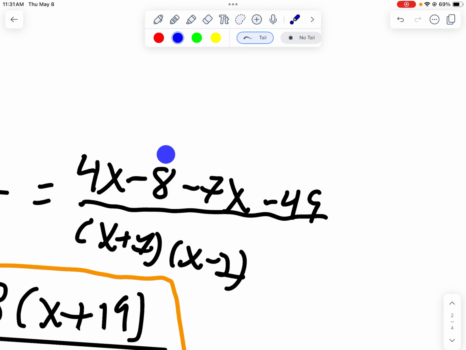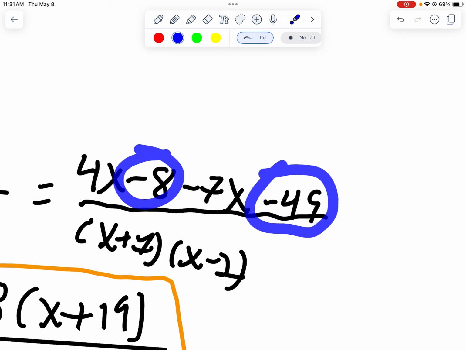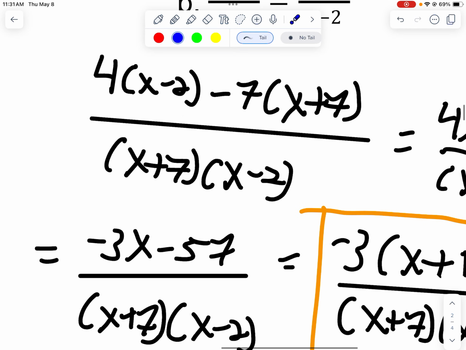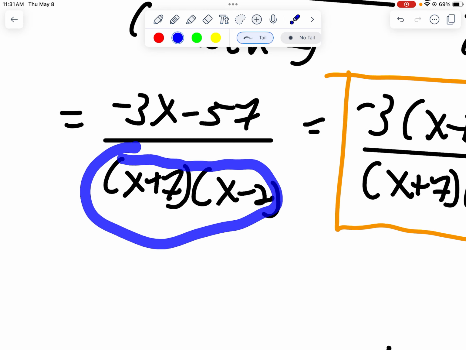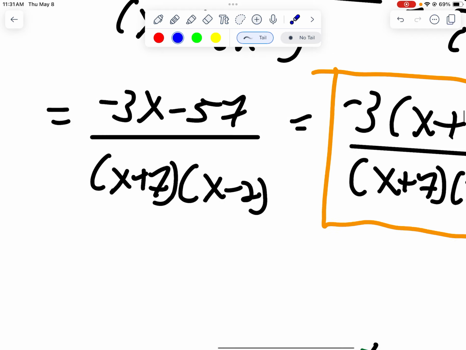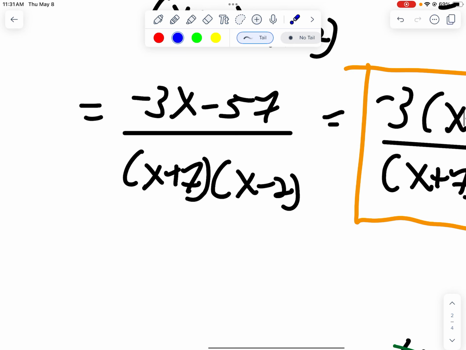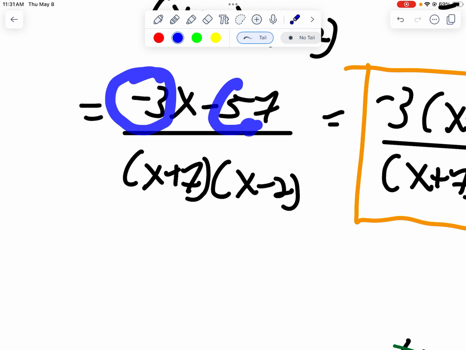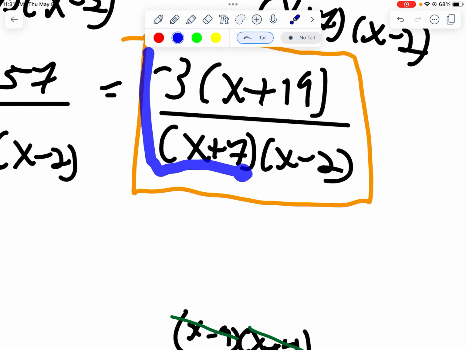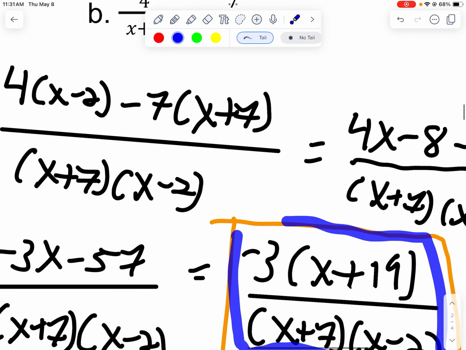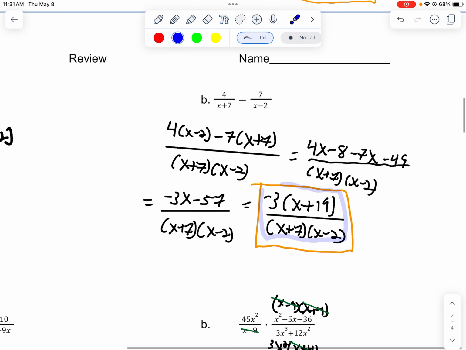And then we have negative 8 plus a negative 49 is a negative 57. Notice the denominator comes along for the ride. Okay? And so the last thing I did is I saw I could pull a negative 3 out of these two, and we get this. And this is the simplification of that rational expression where we're subtracting.